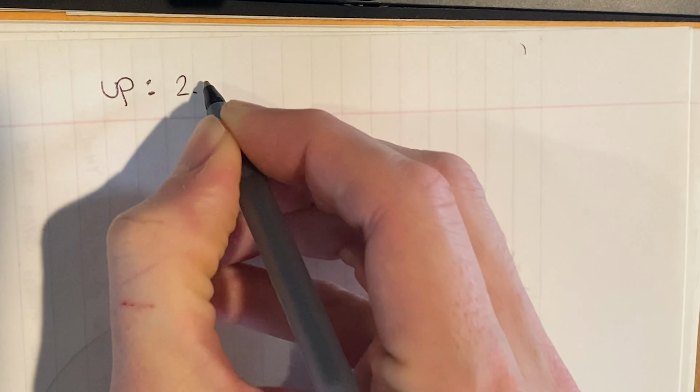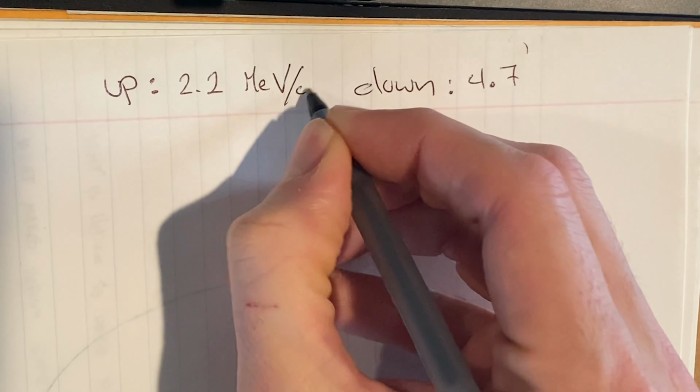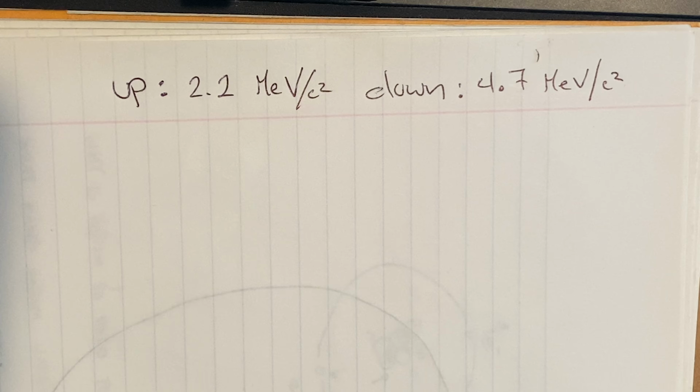Incidentally, the fact that they all add up to whole numbers is a really subtle and interesting point, but for later. So the charges work out. Great, now let's do the masses. The up quark has a mass of 2.2 MeV, and the down quark has a mass of 4.7 MeV. So let's add them together.